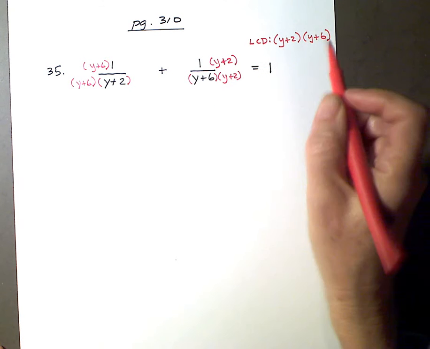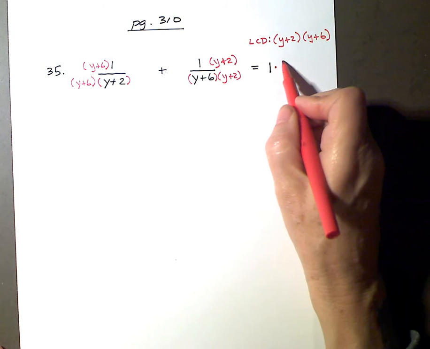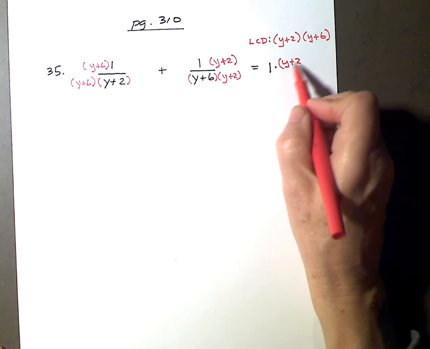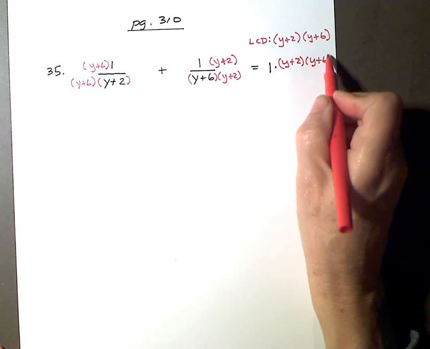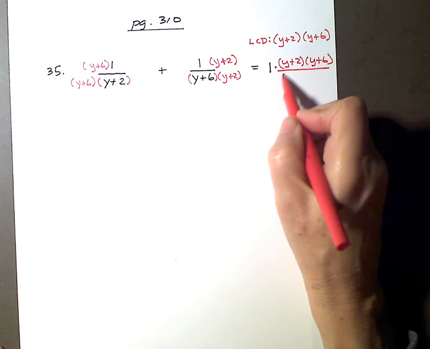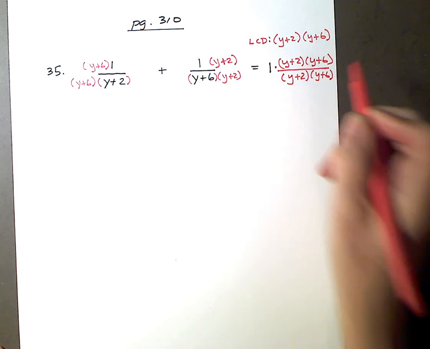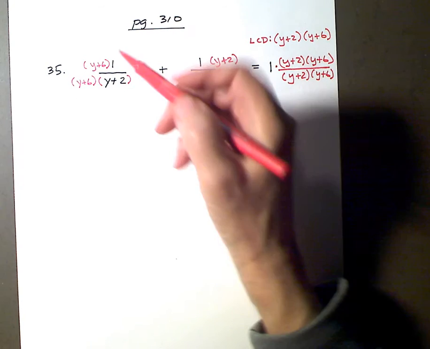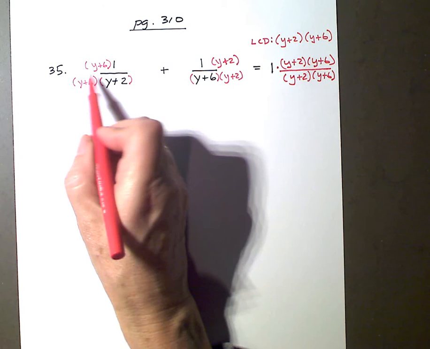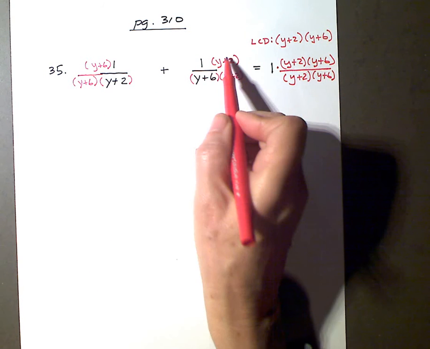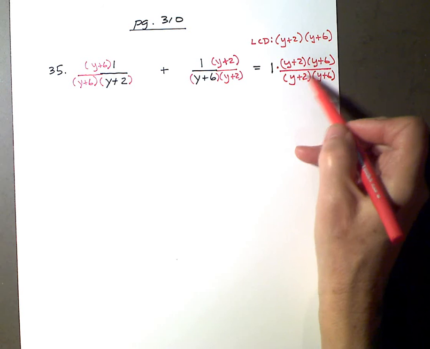And the 1 here has to be multiplied by the entire LCD over itself. So this is a form of 1, this is a form of 1, and this is a form of 1.